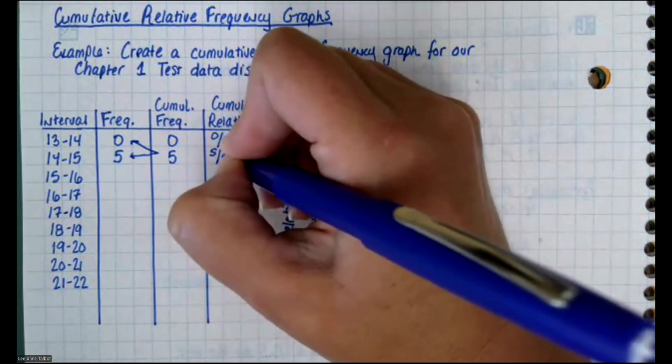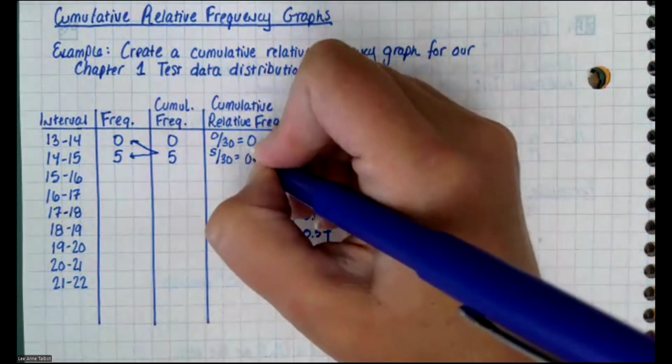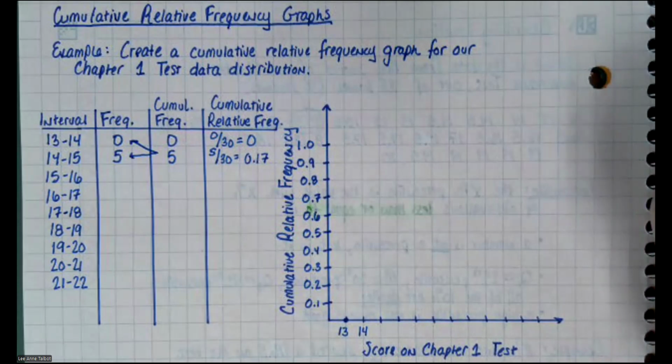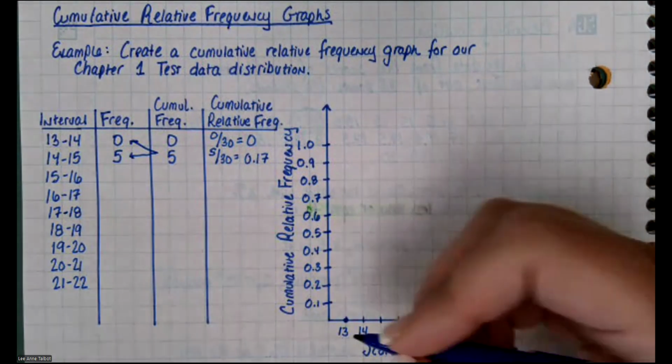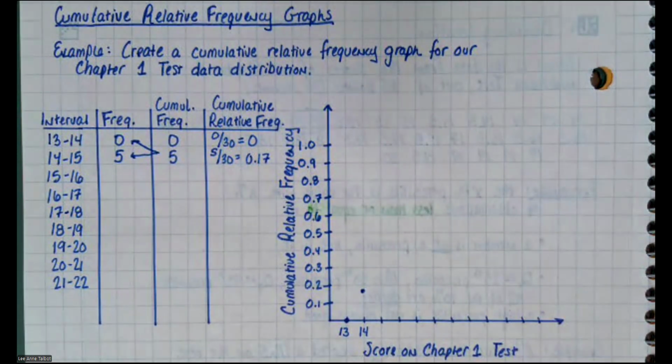And 5 out of 30. We're gonna go to the hundredths place in this table just because it's impossible to graph more accurate than that. So you're gonna go 14, 0.17.